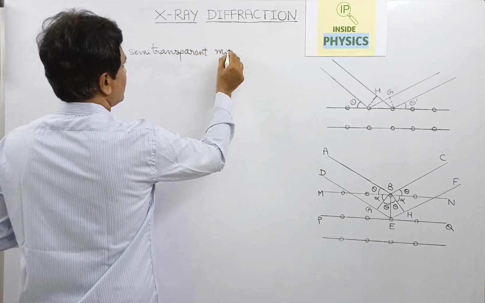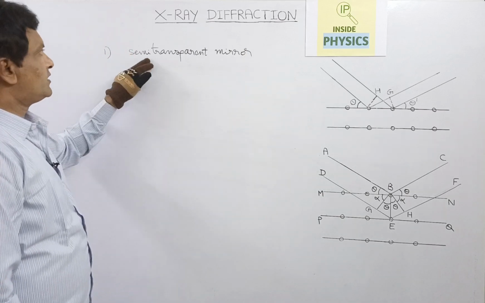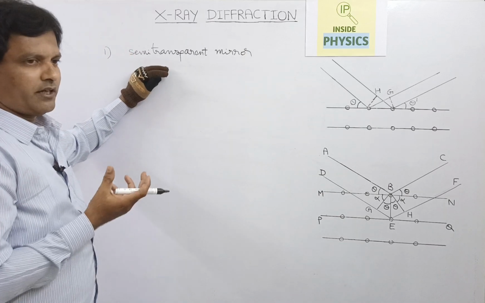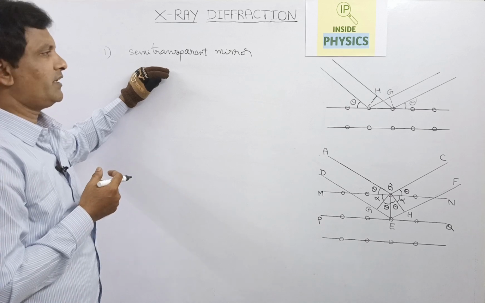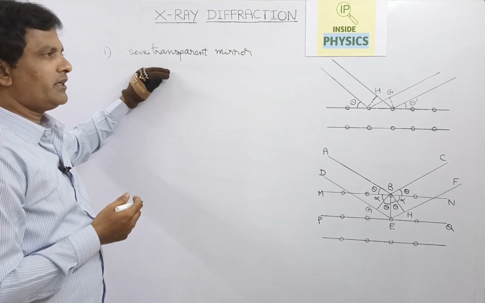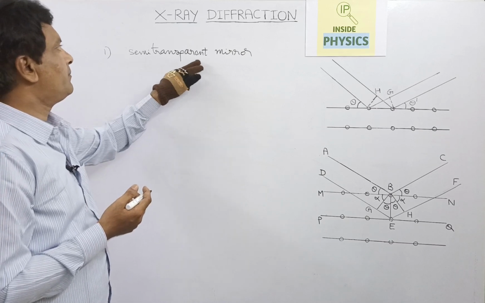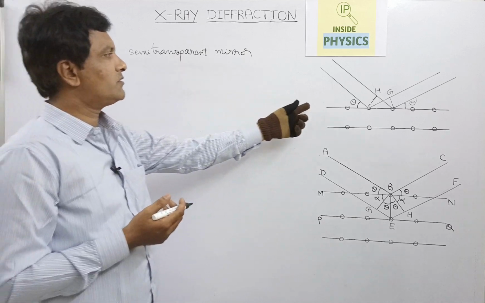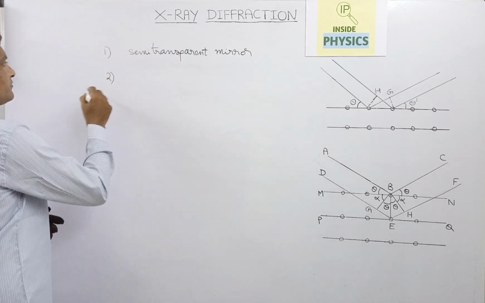Why? Because in a mirror, reflection happens. With a semi-transparent mirror, some of the light, not all the light, is reflected. If most of the light is reflected, that is called a perfect mirror. But these planes are considered semi-transparent mirrors.